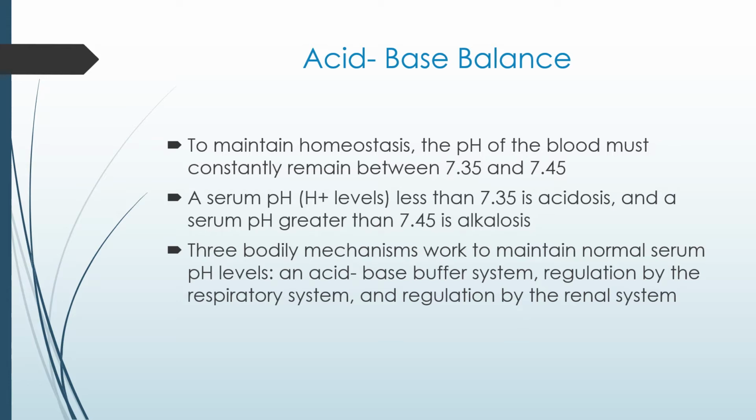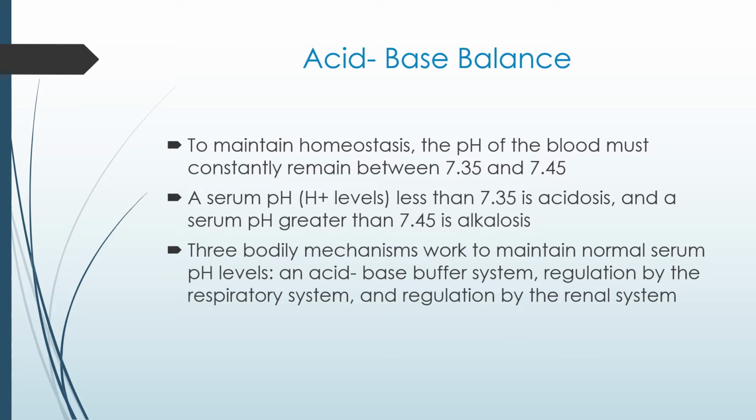So to maintain homeostasis, the pH of the blood must constantly remain between 7.35 and 7.45. And we remember this from when we were talking about ABGs and respiratory status, that is the number, 7.35 and 7.45.